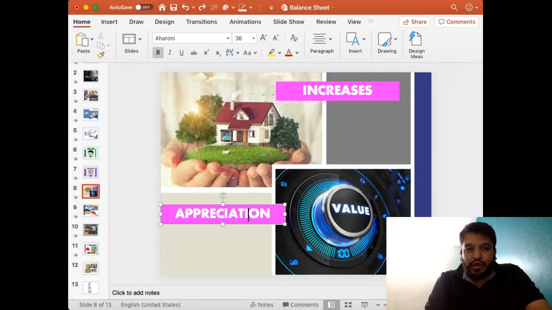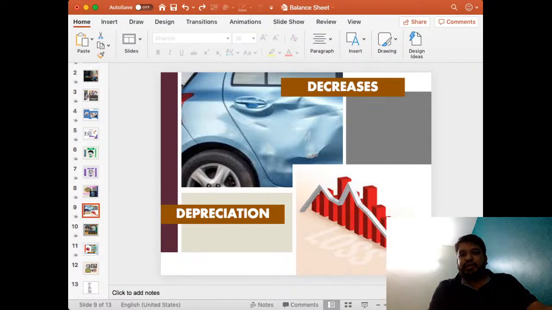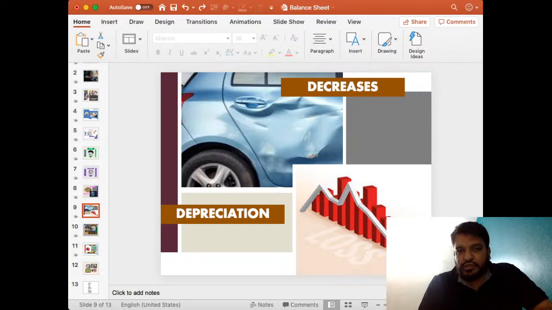Okay, and the opposite of that, now in this case I've used a damaged car. A damaged car indicates that you cannot get the same price. Even though the car doesn't get damaged, most of the products decrease in their market value. As you can see, there is a crash landing here. So it indicates that the value of your product, if you take any motor vehicle in real account terms, there is a depreciation of about 15 to 20%.